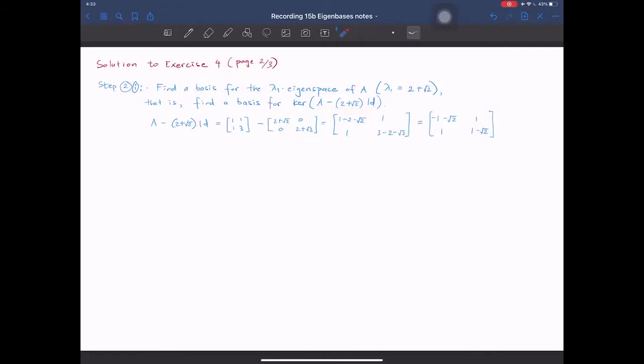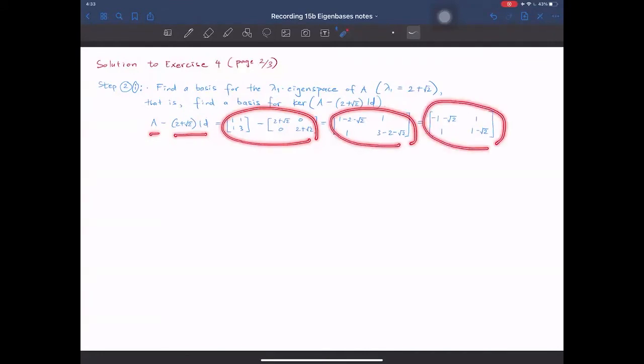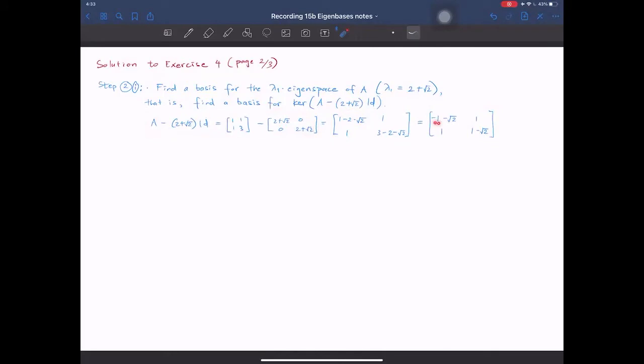First, let's compute what this matrix is. So I have A minus 2 plus square root of 2 identity. So I get this matrix, and to simplify, I have this -1 minus square root of 2 and 1. And on the second row, I have 1 minus square root of 2.